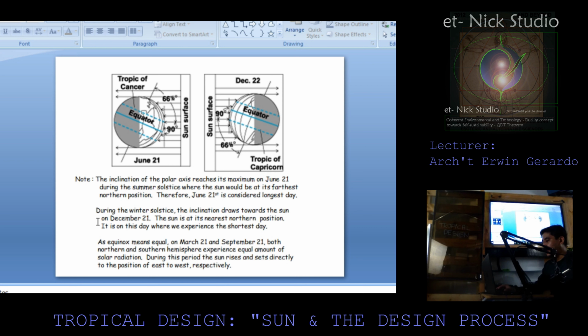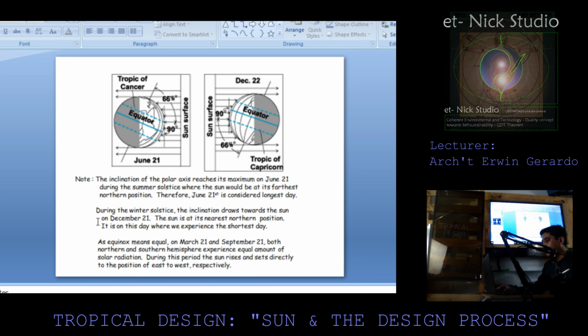Note the inclination of the polar axis reaches its maximum on June 21st during the summer solstice, where the sun would be at its farthest northern position. Therefore, June 21st is considered the longest day.